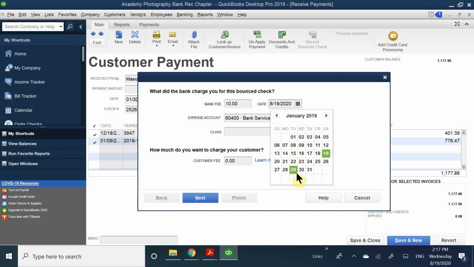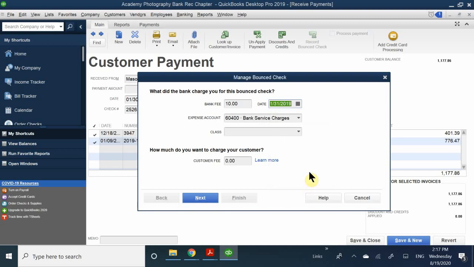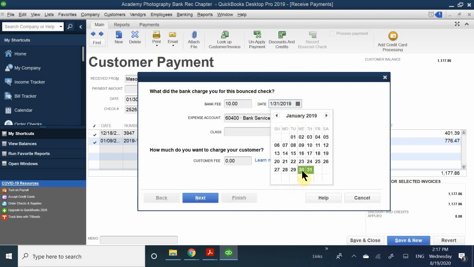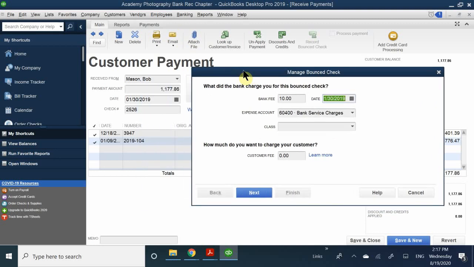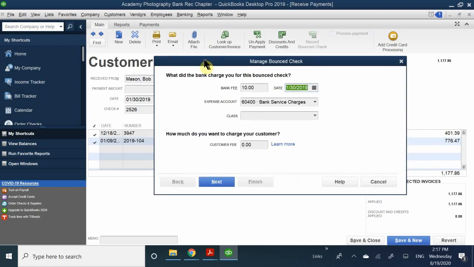I need my magnifying glass. Yeah, it's January 30th, 2019. Oh, that's when he sent us the money. Yeah, that's what he said.